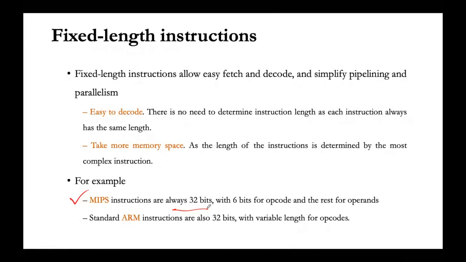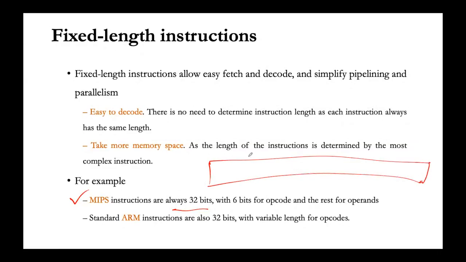Out of the 32 bits, the first 6 bits are used for the operation code, and the remaining 26 bits are used for the operands, meaning source or destination one, source or destination two.